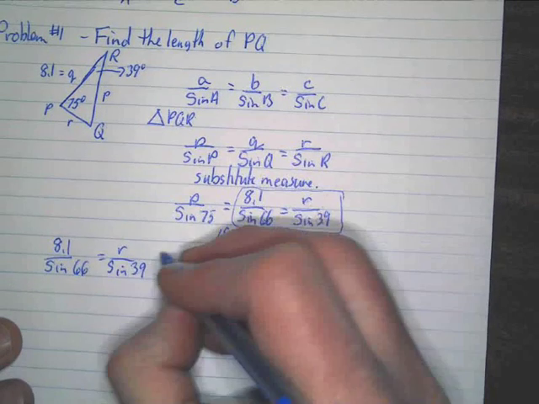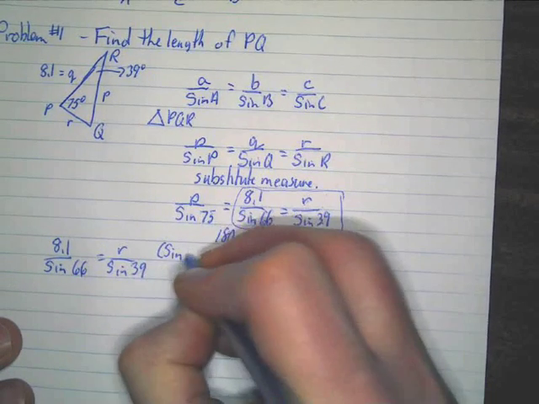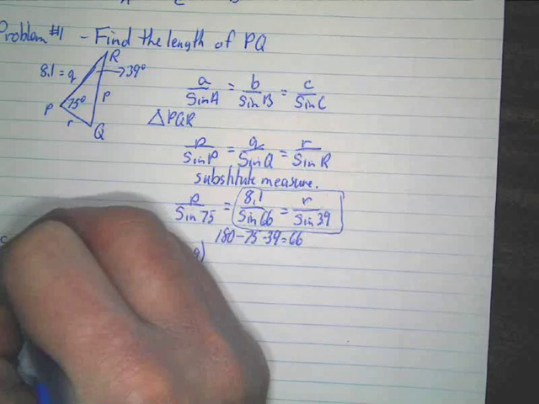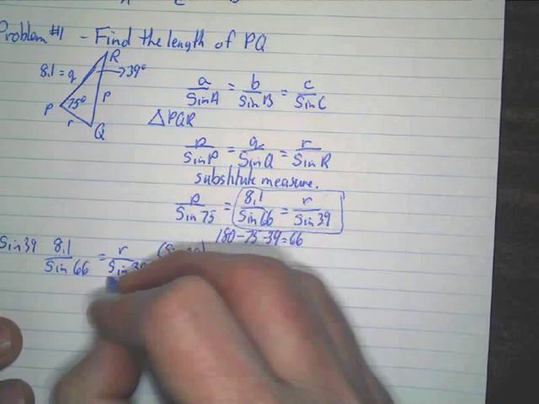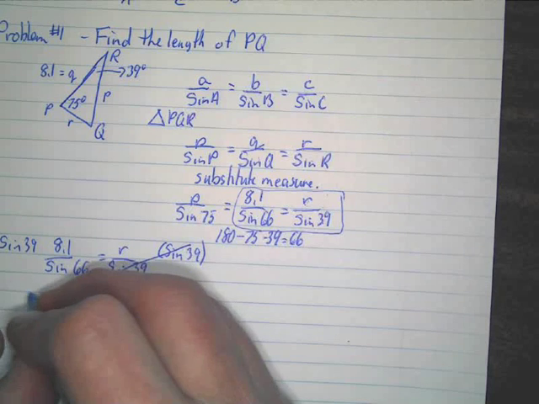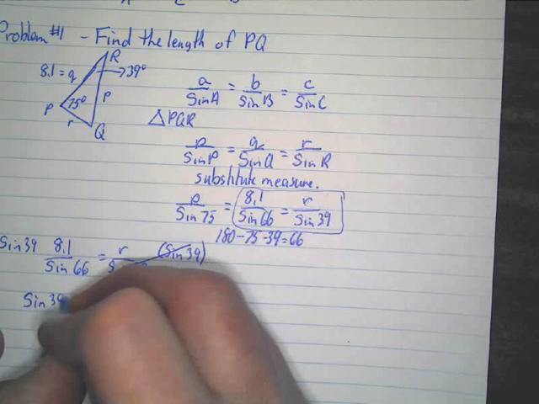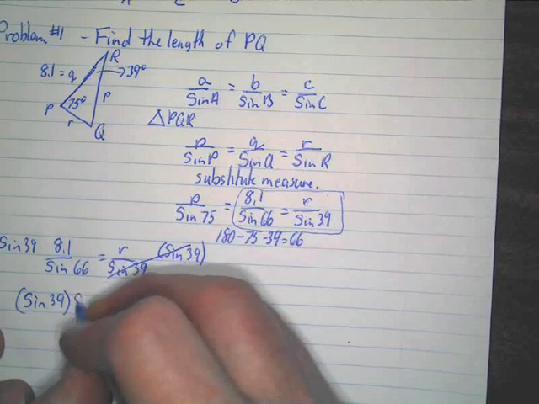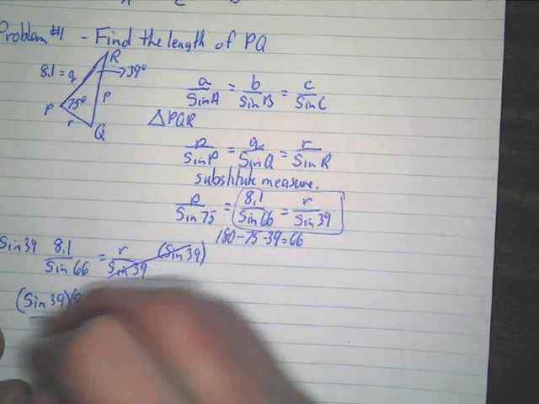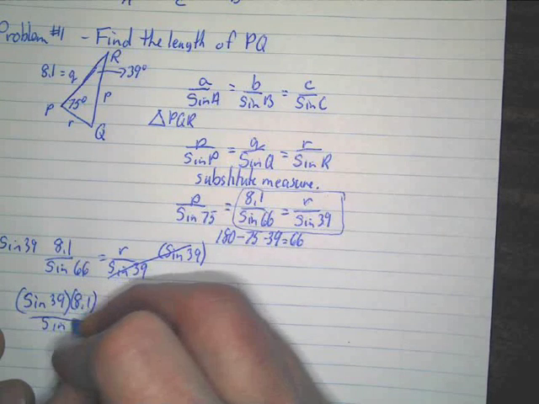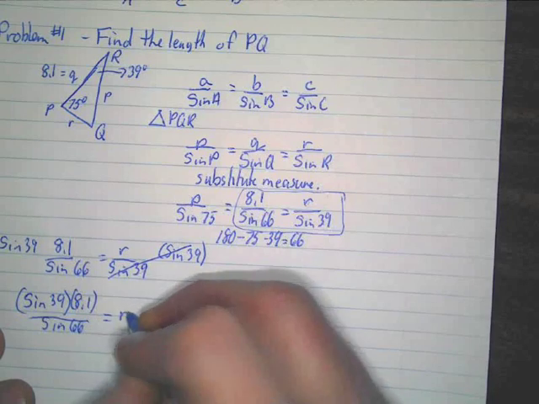From there, I'm going to multiply both sides by sine 39. These cancel out, so now I'm left with sine 39 times 8.1 divided by sine 66 will equal r.